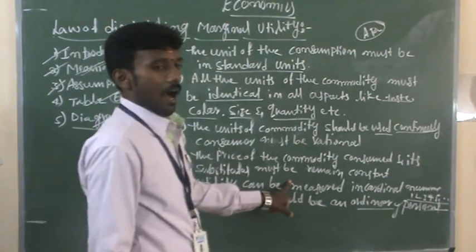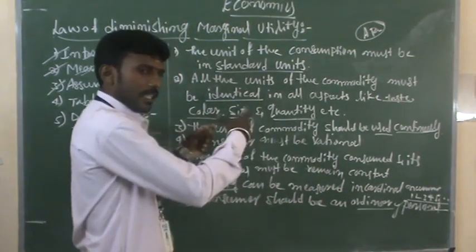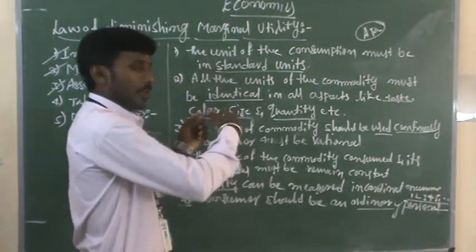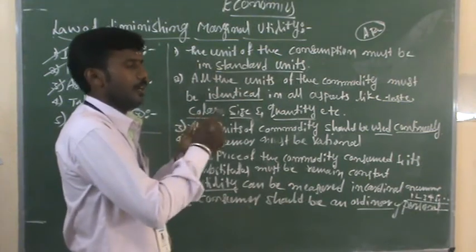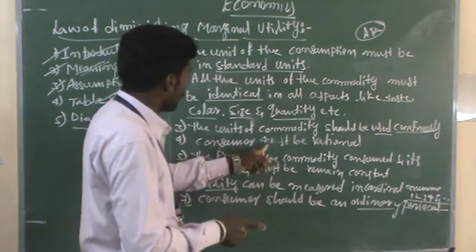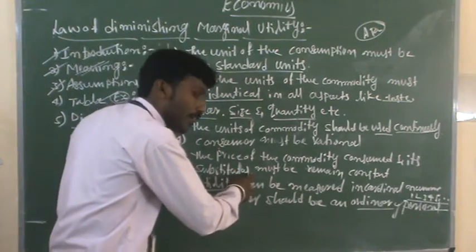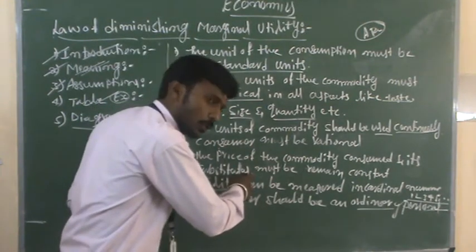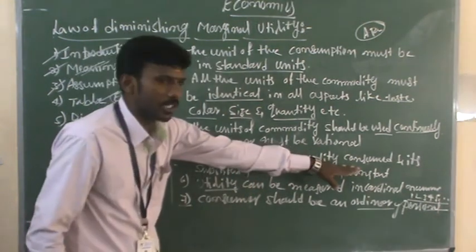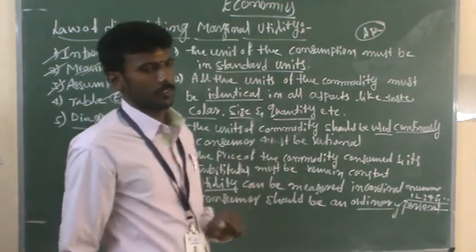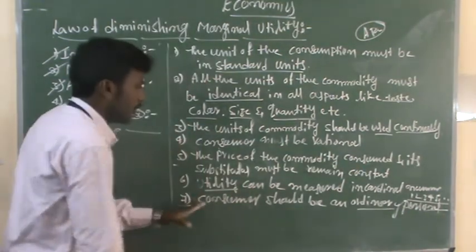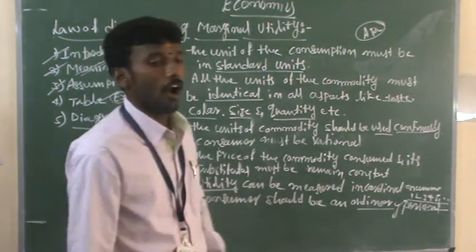Totally here, the commodities or goods we are taking should not have substitutes available. Substitute goods, right? The goods we take here should not have a substitute. Then the sixth one: utility can be measured in cardinal numbers.